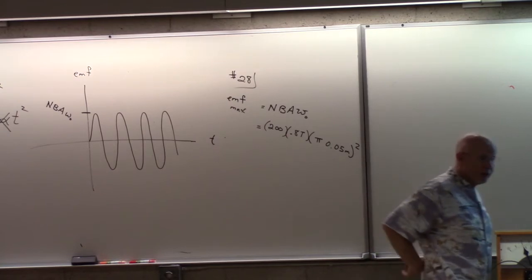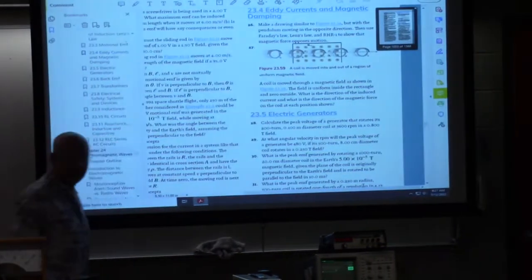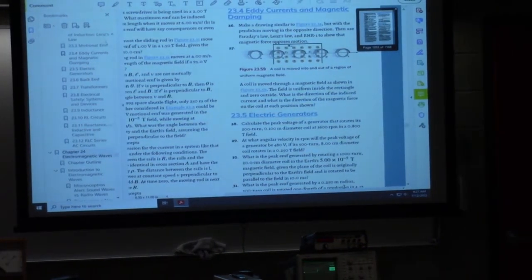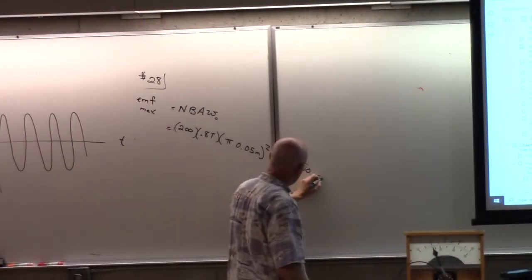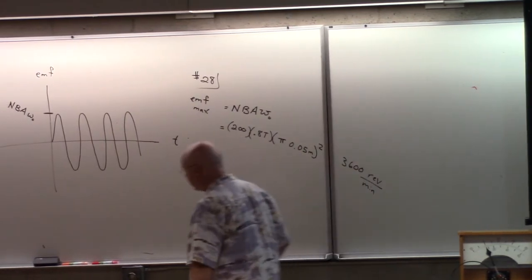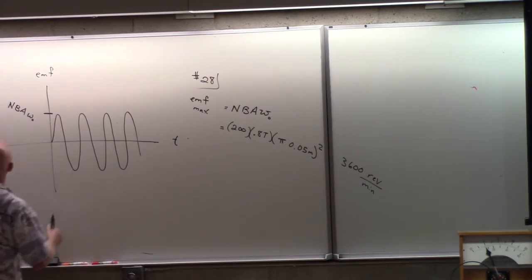And another thing to be careful is the units here. They say 3,600 RPMs. Well, let me just put it in as 3,600 revolutions per minute for a second. And maybe I'll give myself some space over here so you can see the units.